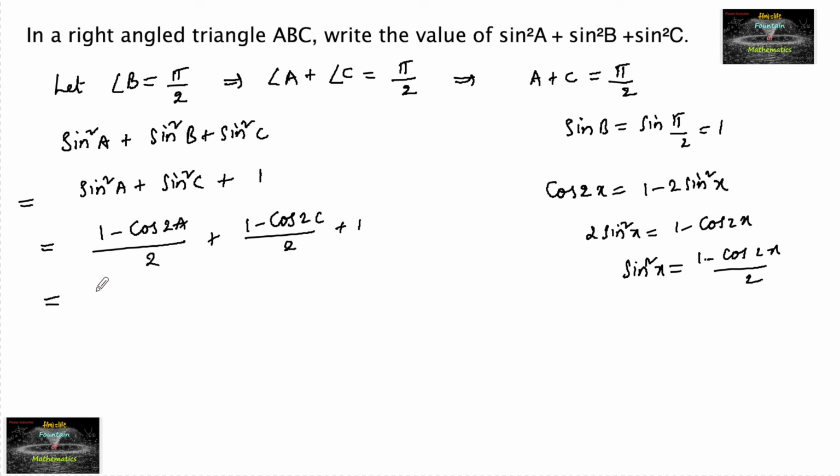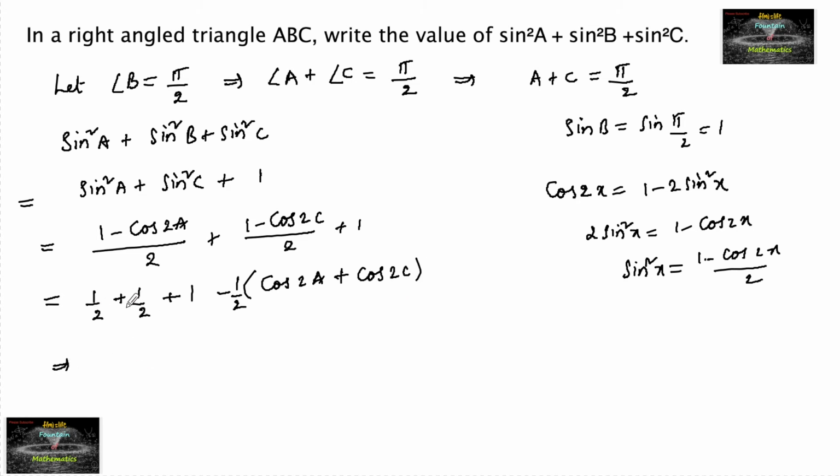So we can write 1 by 2 plus 1 by 2, and again plus 1, and minus cos 2A by 2 minus cos 2C by 2, that is minus 1 by 2 of cos 2A plus cos 2C.